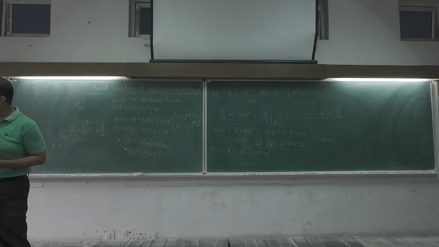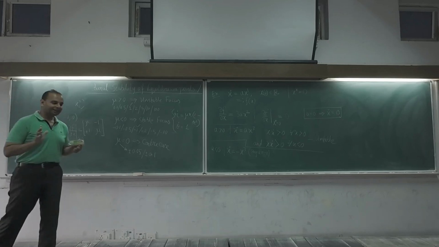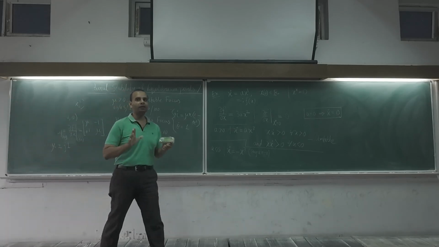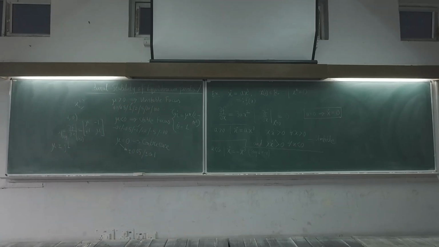That's where Lyapunov comes in. The Lyapunov stability analysis technique is a systematic and well-formulated approach by which we can analyze the stability of both linear as well as nonlinear systems without any ambiguity, right?